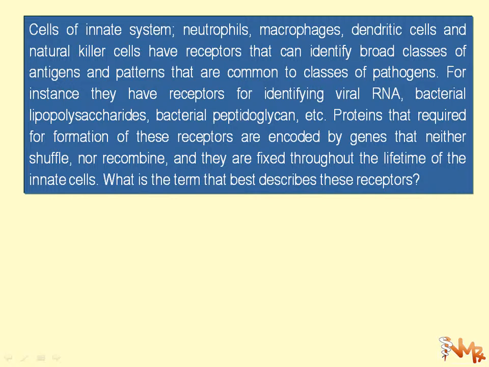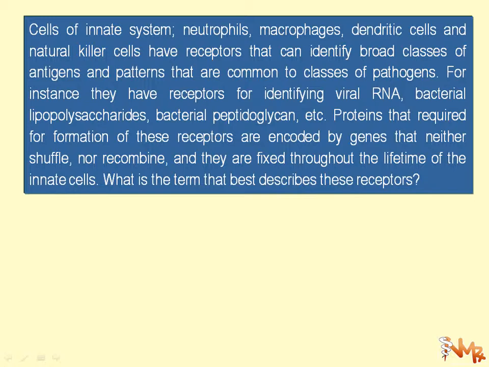For instance, they have receptors for identifying viral RNA, bacterial lipopolysaccharide, bacterial peptidoglycans, etc. Proteins that are required for formation of these receptors are encoded by genes that neither shuffle nor recombine, and they are fixed throughout the lifetime of the innate cells. What is the term that best describes these receptors?